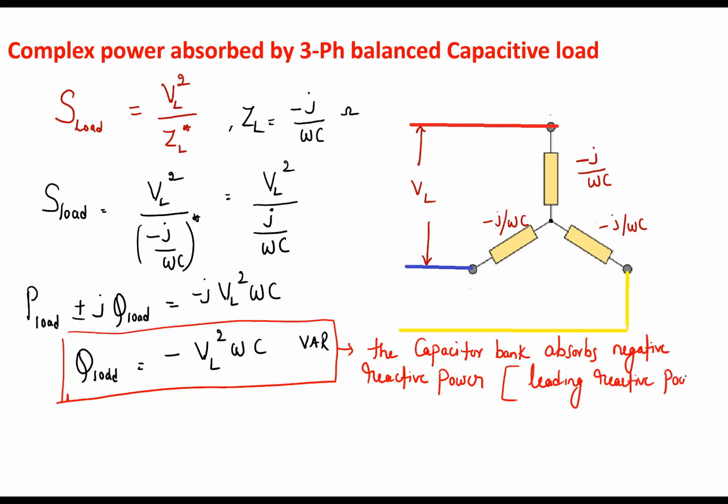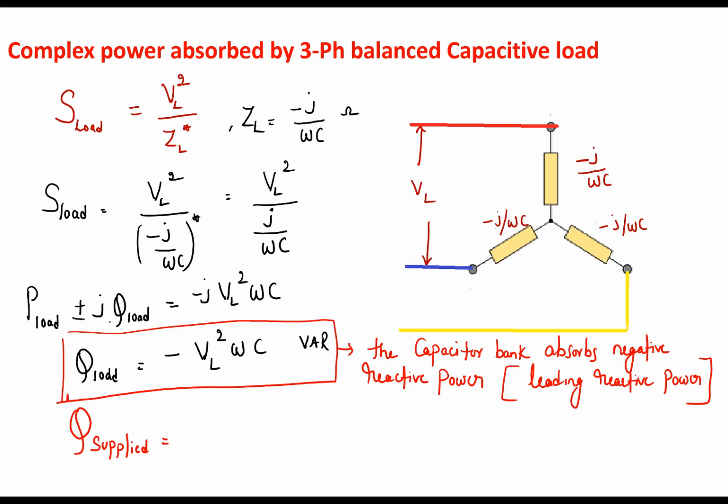But in power system analysis, we model a capacitor not as an element that absorbs negative reactive power, but as an element that supplies positive reactive power. So if I change this sentence, the reactive power supplied by the capacitor bank will become how much?